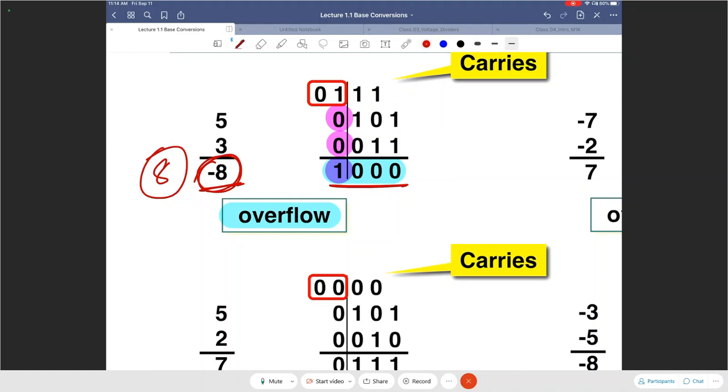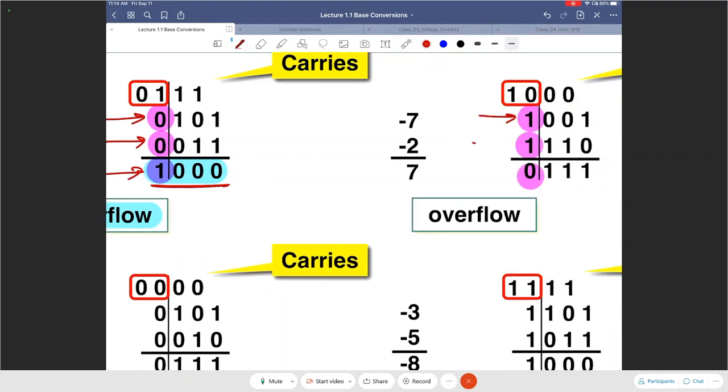That's an invalid result. There are many ways to check that. If you're observing the expected number itself, and if that falls outside the range, you know overflow has occurred. Another way of detecting overflow is positive plus positive cannot be negative. Negative plus negative cannot be positive. If it is, overflow has occurred.